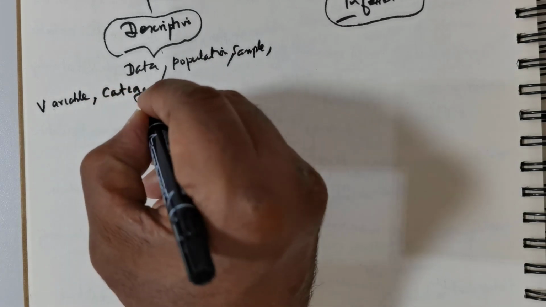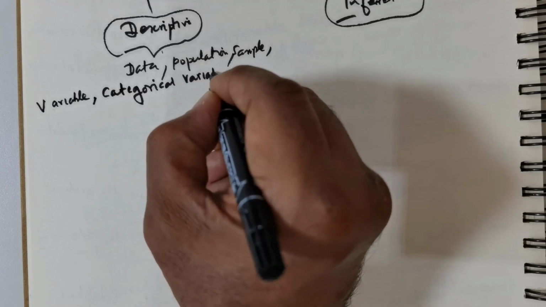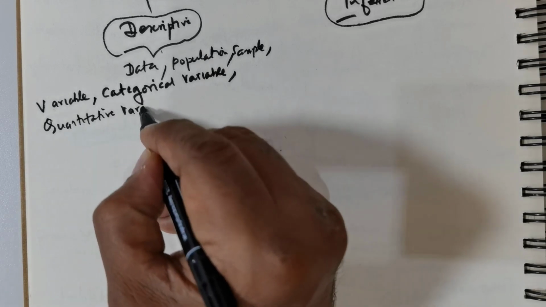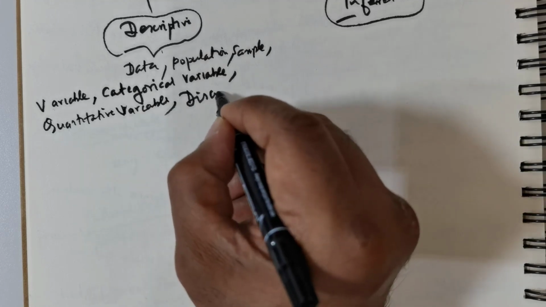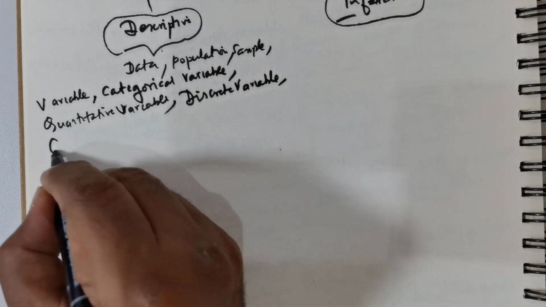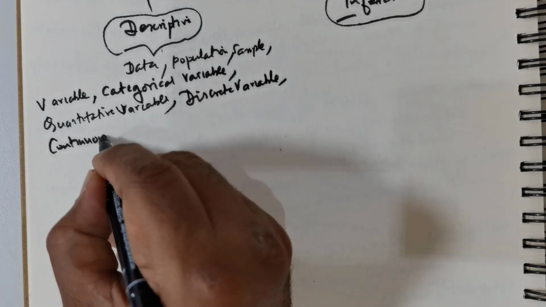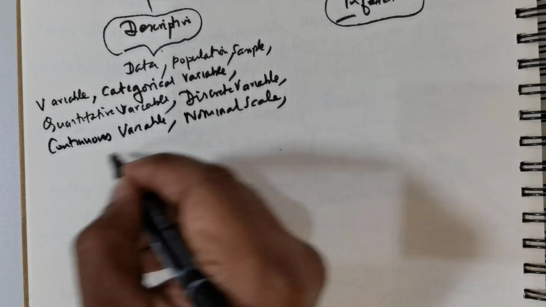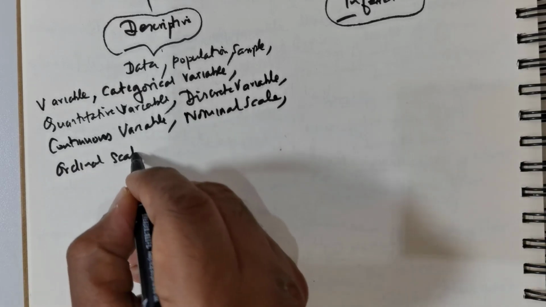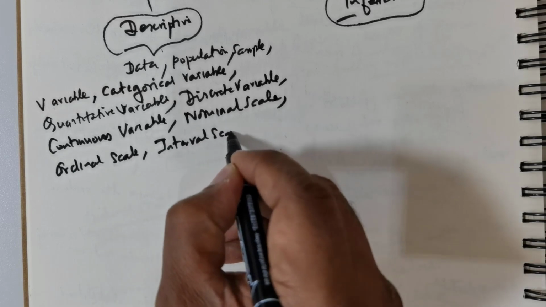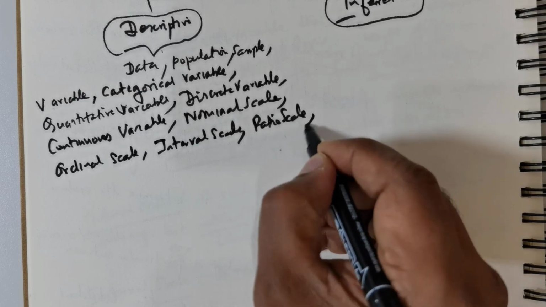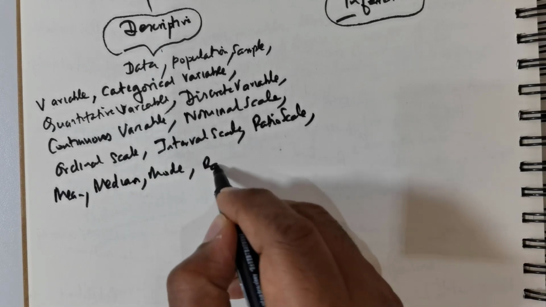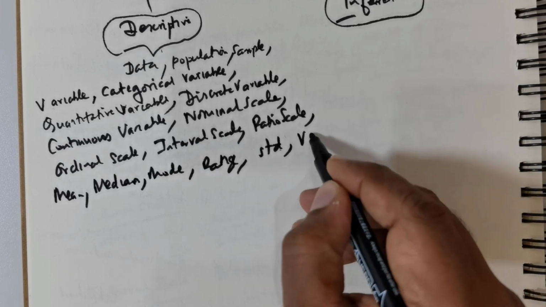Variable, all of these things fall under descriptive statistics. Categorical variable, quantitative variable, discrete variable, continuous variable, nominal scale, ordinal scale, interval scale, ratio scale, mean, median, mode, range, standard deviation, variance.